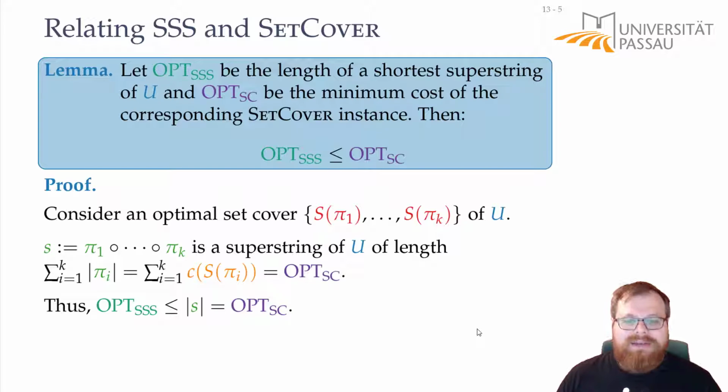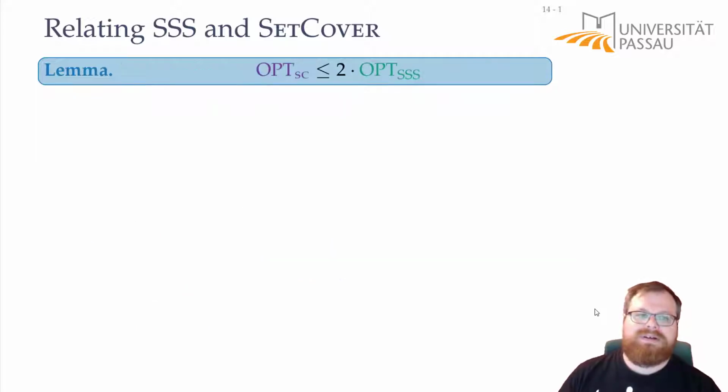In the other direction, we want to show if we have an optimal solution for shortest superstring, how large is the optimum solution of set cover. And for that, we can show that the minimum set cover of the instance that we create has cost at most 2 times the length of the shortest superstring.